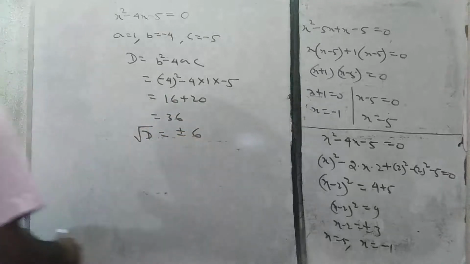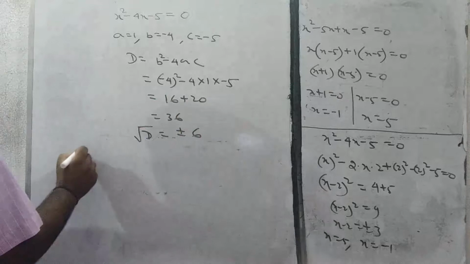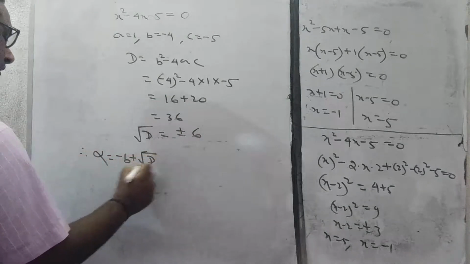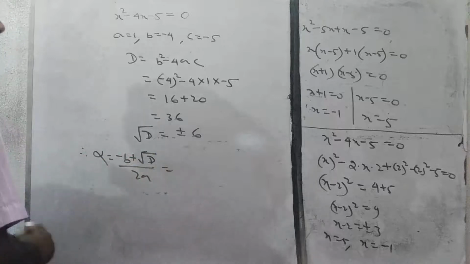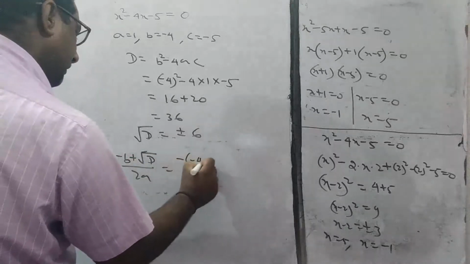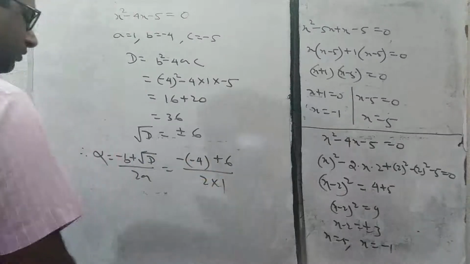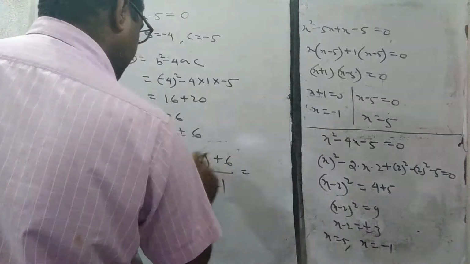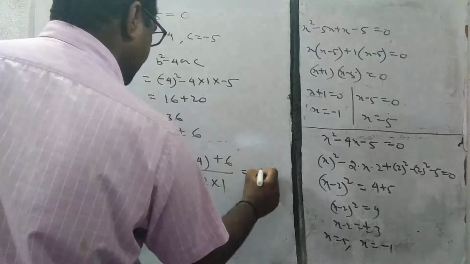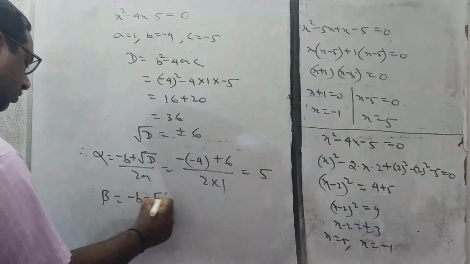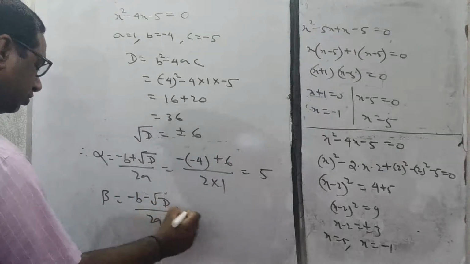Plus minus 6. So therefore alpha is equal to (minus b plus root D) upon 2a, or (minus of minus 4 plus 6) upon 2 into 1. So 4 plus 6 is 10, by 2, it is equal to 5. And beta is equal to (minus b minus root D) upon 2a.